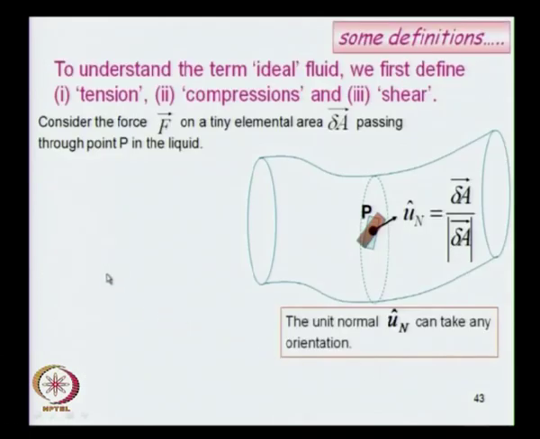We also considered some of these definitions earlier in unit 8, but I will quickly remind you of these definitions, because we will be dealing with ideal fluids when we get to the discussion on the Bernoulli's principle.